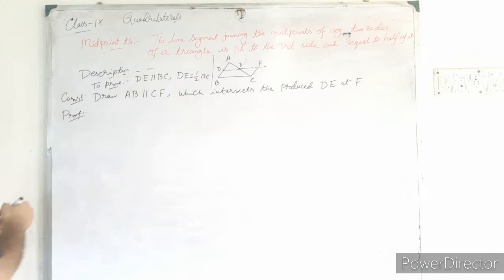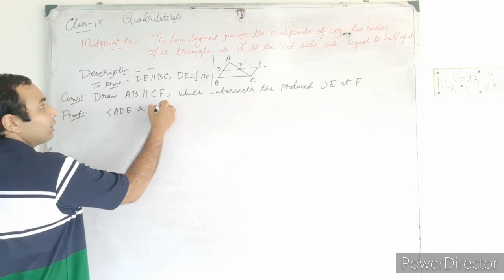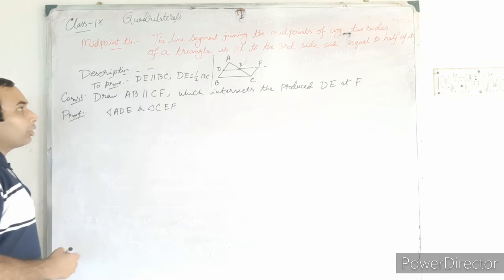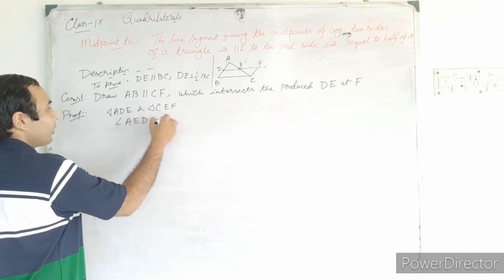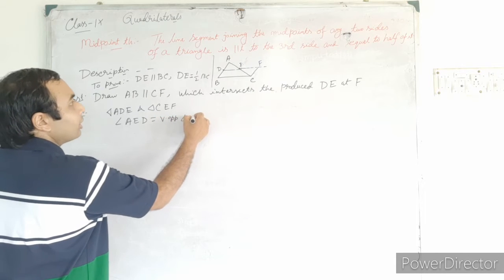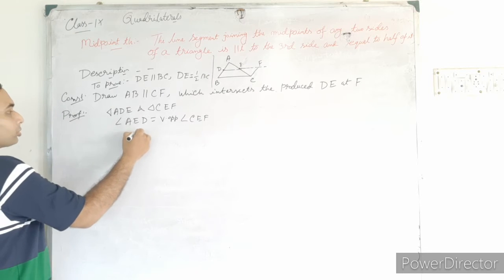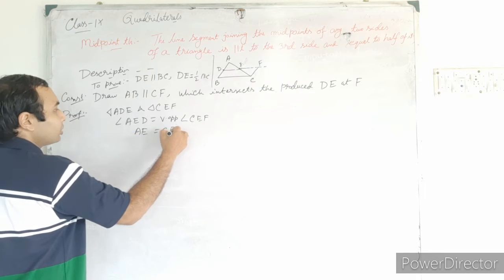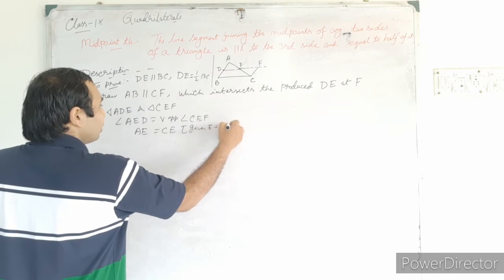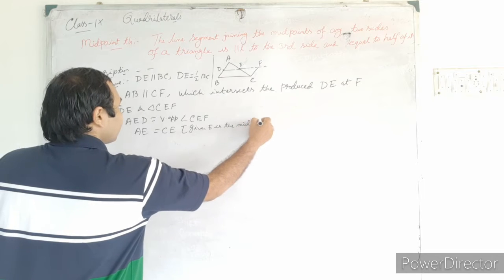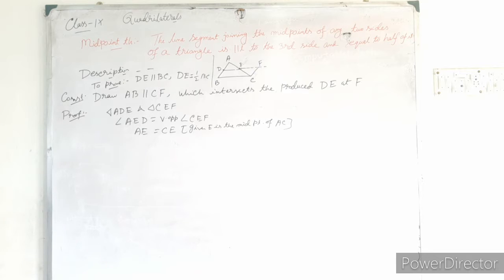So from triangle ADE and triangle CEF, what we are getting: at first, angle AED is equal to the vertically opposite angle CEF. Secondly, AE is equal to CE, since E is the midpoint of AC, it is given.